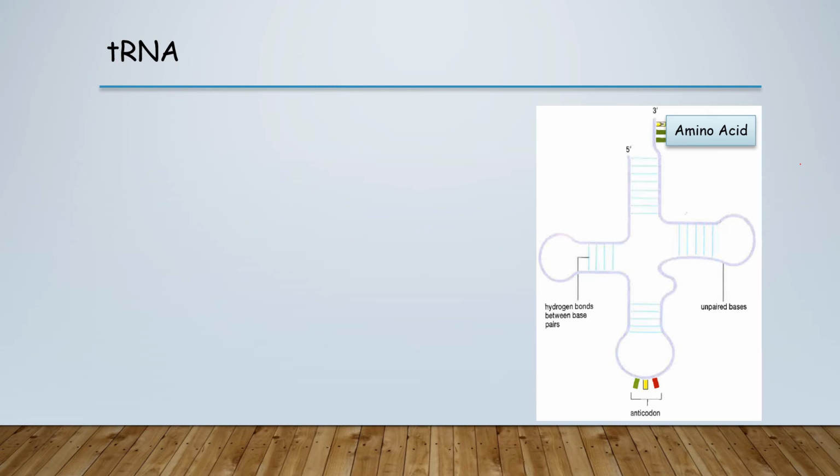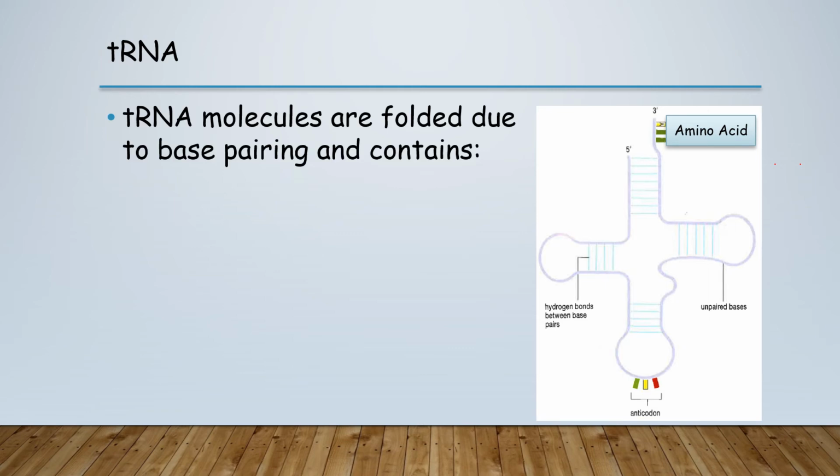I'll take you through some more detail regarding the tRNA molecule, which you can see in this diagram. It's a single-stranded molecule, but it is folded in upon itself, with hydrogen bonds forming in 4 key areas to produce this shape. So we've got hydrogen bonds between 2 different parts of the same strand.